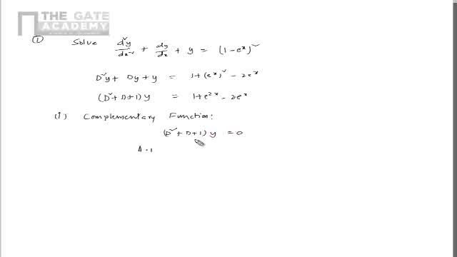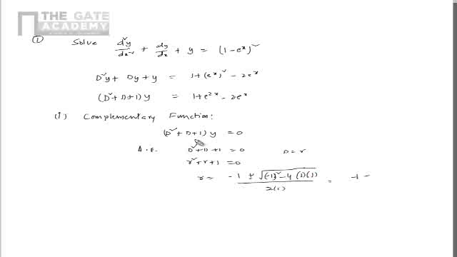So the auxiliary equation will be d square plus d plus 1 is equal to 0, or basically in the place of d you substitute r, r square plus r plus 1 is equal to 0. Using the quadratic formula to find the roots, minus b, which is 1, plus or minus root of b square minus 4ac, over 2a.